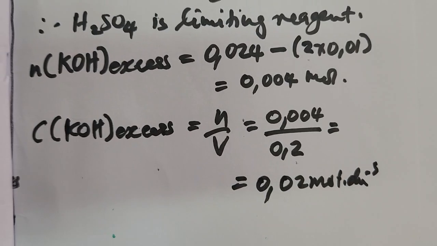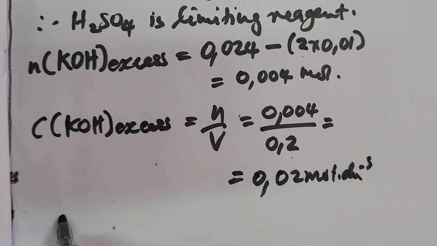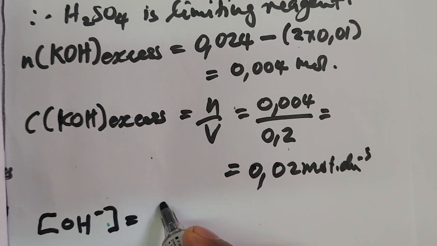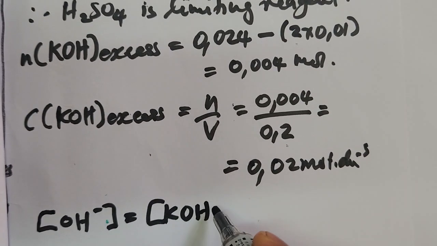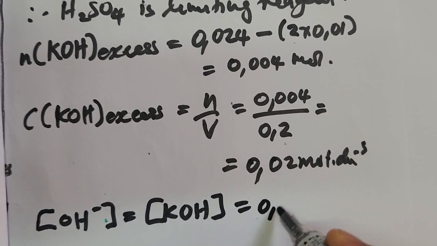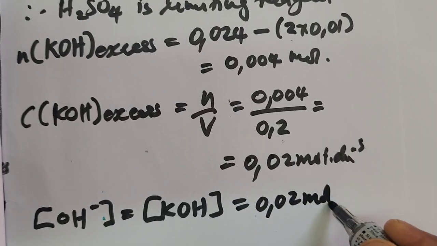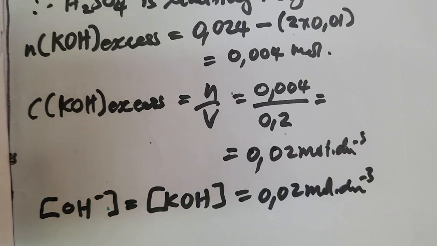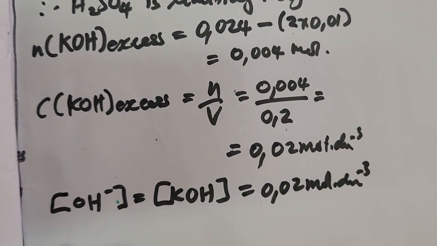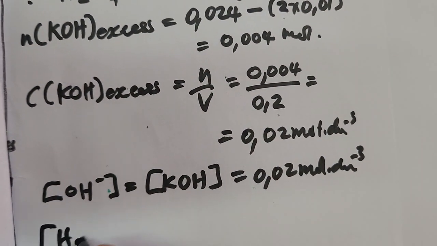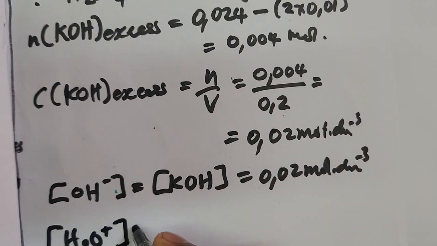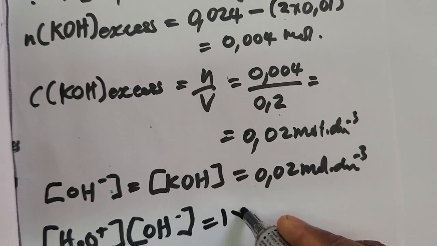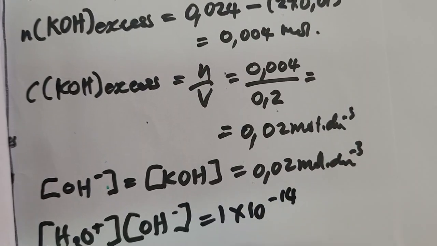Now, according to this one, the concentration of OH minus is the same as the concentration of potassium hydroxide, which will be the same as 0.02 mole per dm cube. Because we want the pH, now we use the Kw: concentration of hydronium ions multiplied by that of OH minus gives us 1 by 10 to exponent minus 14.